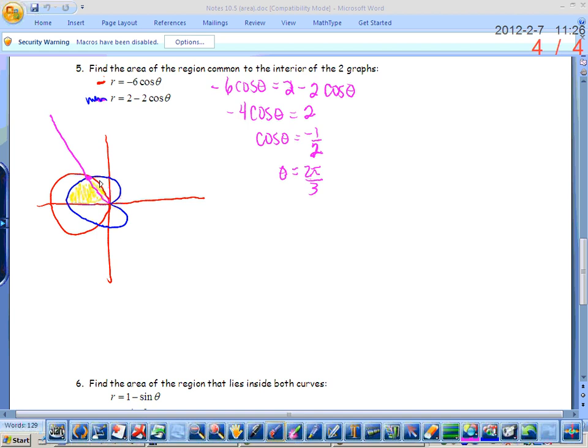The reason I drew the line is that I need to find the area, because this area is bounded on one side by the red circle and on one side by the blue circle. I had to basically cut that area in half so that I got an area that's bounded by the red circle and an area that's bounded by the blue circle.